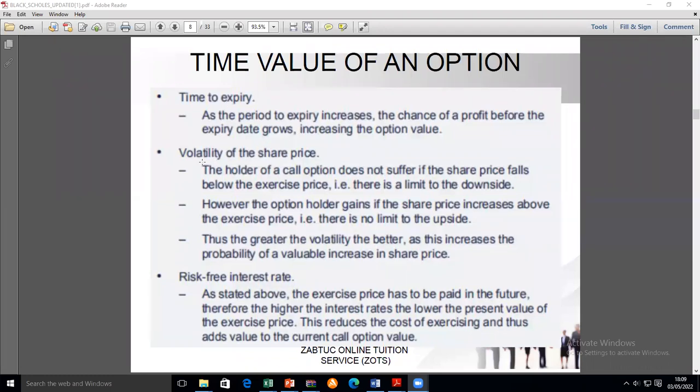The other aspect is volatility. How is the variation of the share price? If the volatility is very high, if the fluctuation is very high, then there's a chance that it will become positive. Some of you may say, what do you mean by that?